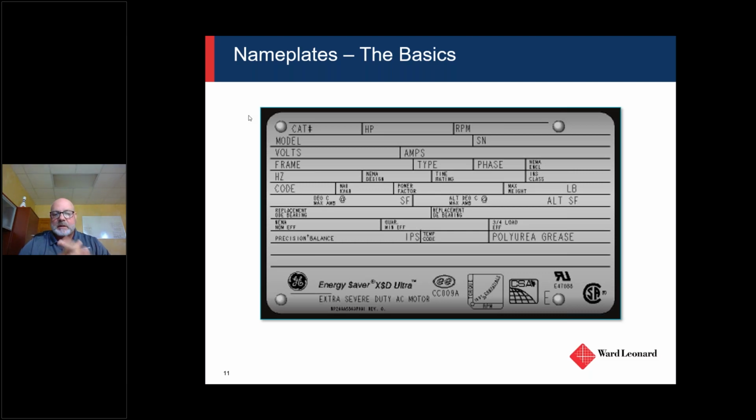It will save us a ton of work later on if we have to come back and the nameplate's either gone, knocked off, or we can't read it. These things go out in the field and they go in some really, really harsh environments. So the nameplate tends to get a beating, but it is very important to keep that information intact as much as you can. It really helps the motor shop to understand what we need to do to either fix it or replace it, right?